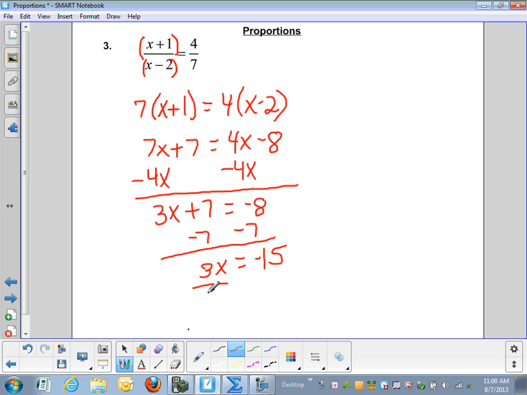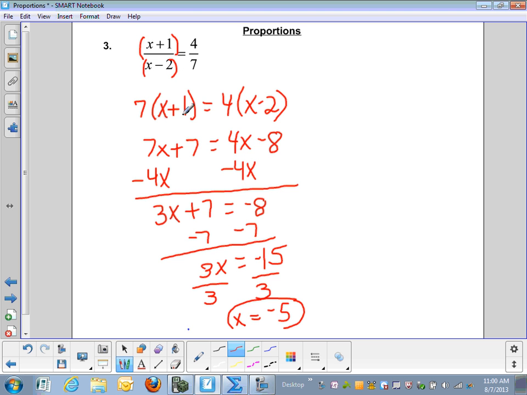And divide by 3. Pen doesn't like to go that low. All right, so we have negative 5 as our solution, and wow, that really is a multi-step.